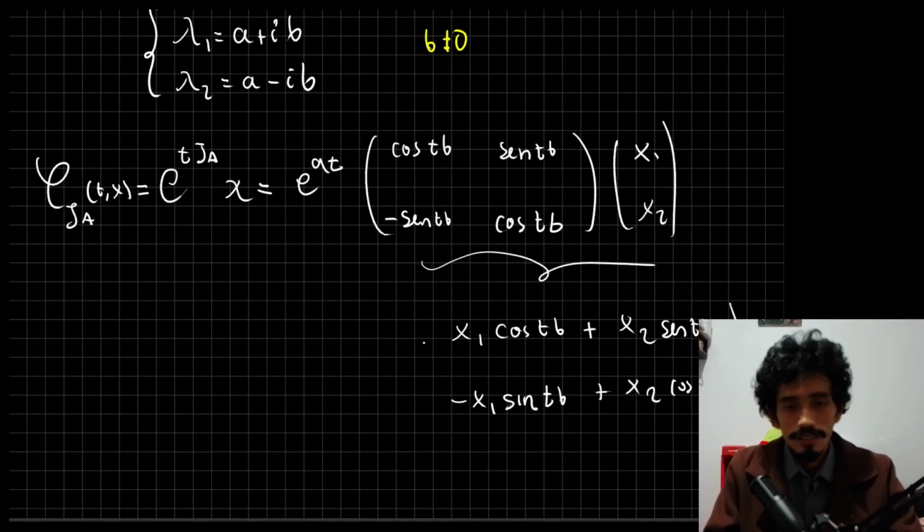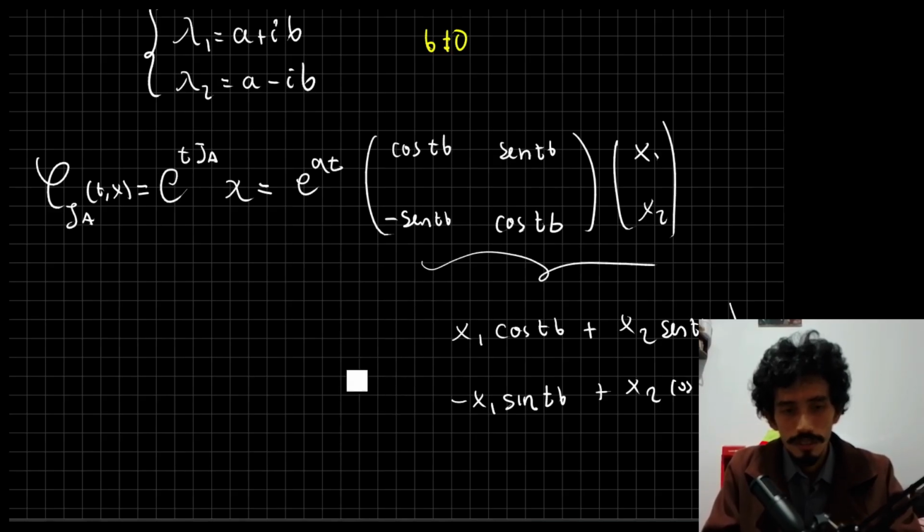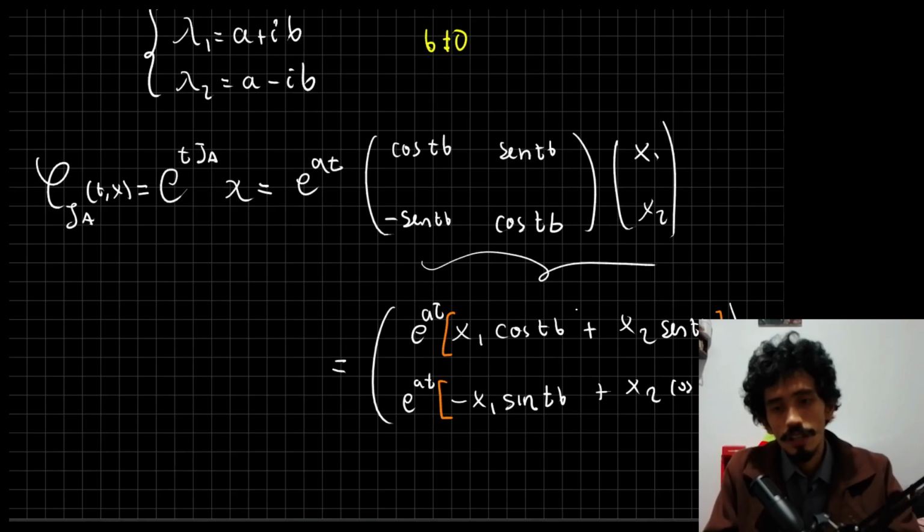This is a row, and it is multiplied by this scalar, which is a function of time also. Let's write it out just to make everything clear. So this is our flux.